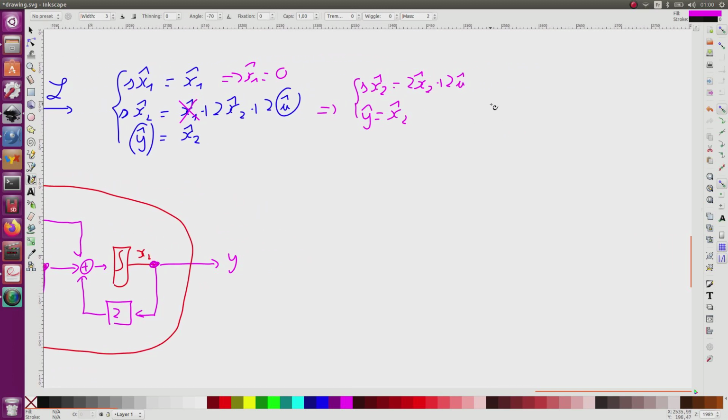I conclude that s y hat is equal to y hat plus 2 u hat, which implies that y hat is equal to 2 divided by s minus 2 times u hat.